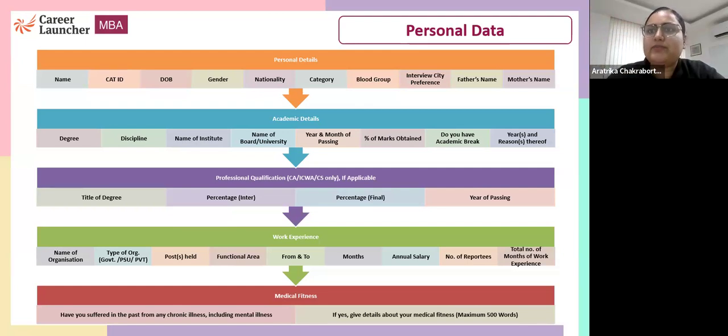Later on, if you are not able to produce the required documents to verify all the details that you have filled in the form, then your admission will be revoked. So accordingly, be truthful, fill all the correct data up to the point कि इतने दिन काम किया. तो if it is mentioned in terms of months, please mention the months accurately as per whatever is written in your relieving certificate and joining certificate.